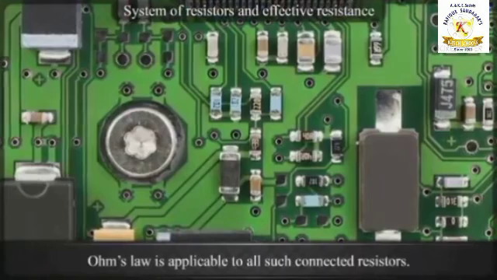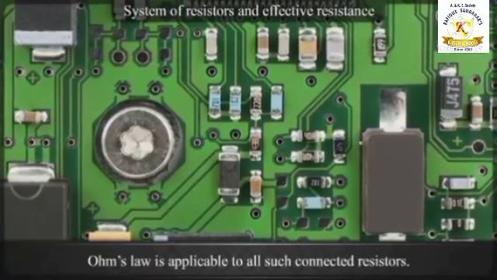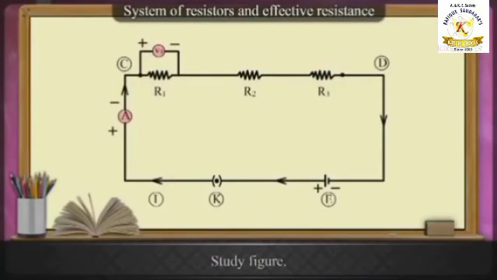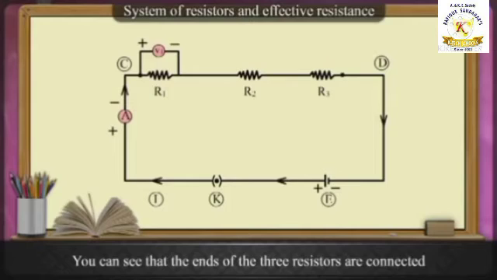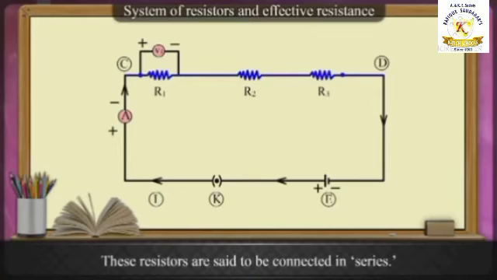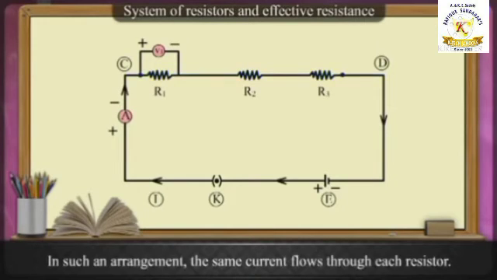Ohm's law is applicable to all such connected resistors. Resistors in series. Study the figure. You can see that the ends of the three resistors are connected so that they follow one after the other in a single line. These resistors are said to be connected in series.